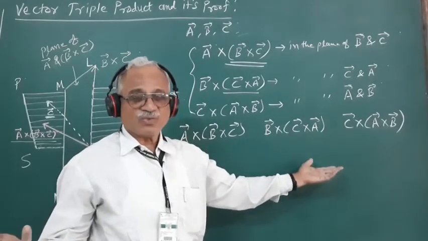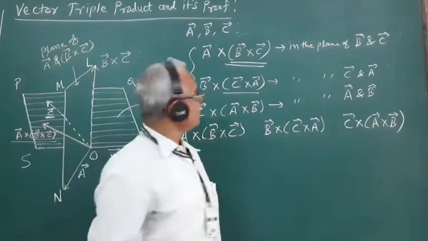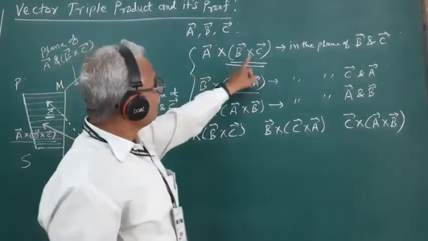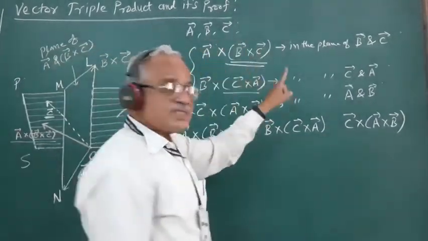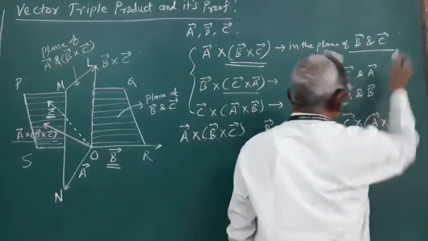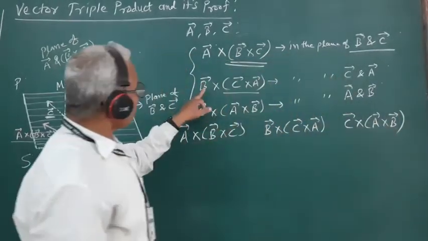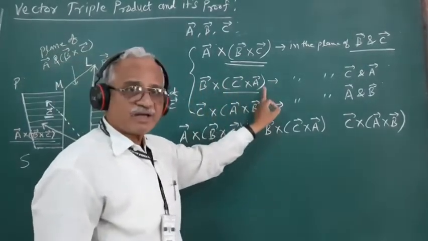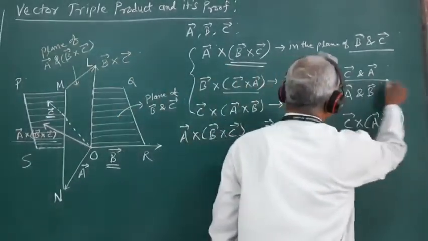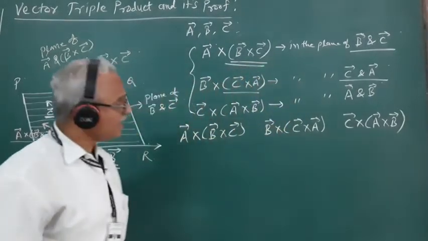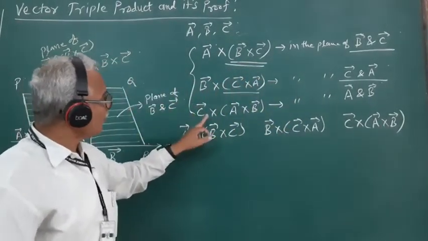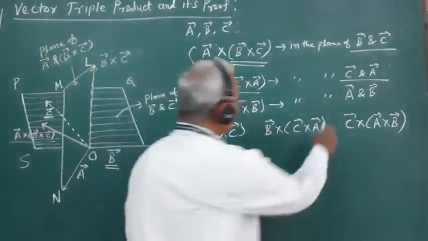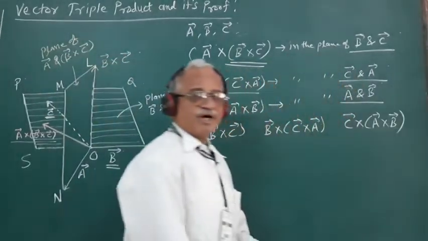Cannot be. Why? The reason is that the first vector triple product A bar cross B bar cross C bar lies in the plane of B bar and C bar. The second vector triple product B bar cross C bar cross A bar lies in the plane of C bar and A bar, and the vector triple product C bar cross A bar cross B bar lies in the plane of A bar and B bar.